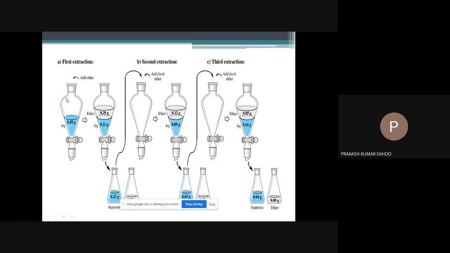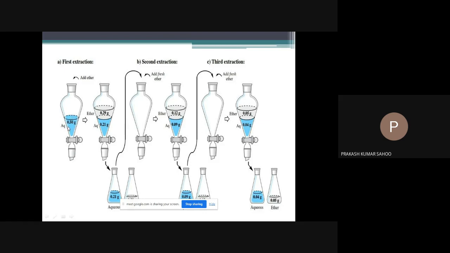This is a conical shaped glass apparatus used in research labs and your master degree labs, where two solvents are separated through vigorous stirring. Here, the blue color is your water, that is the aqueous phase, and the transparent is your organic phase. The total content here is 0.50 gram. That means it is the mixture of both aqueous and organic layer.